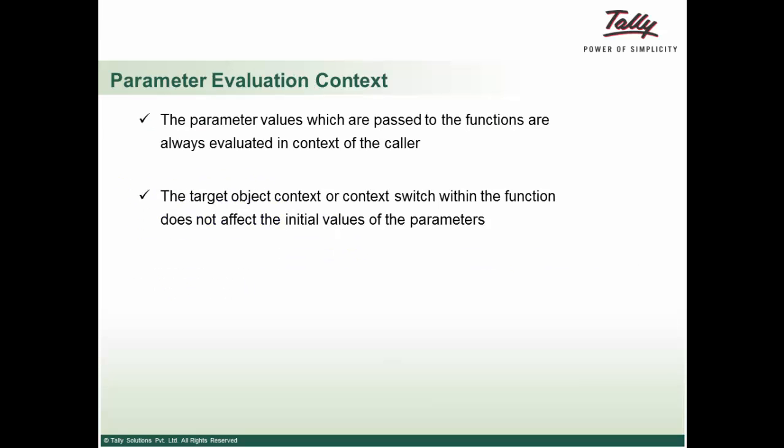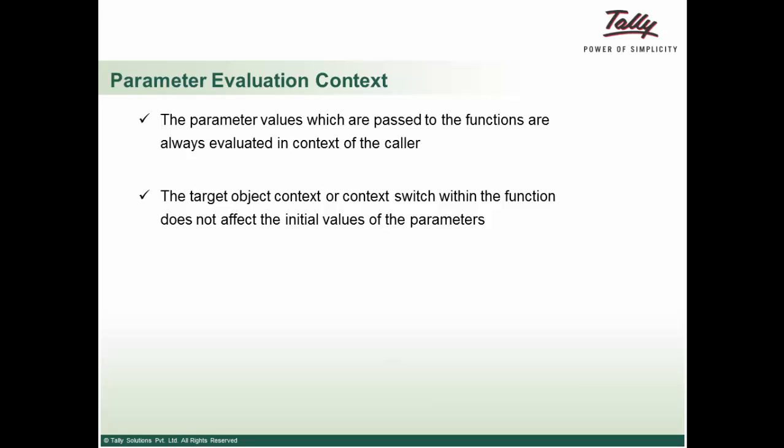Parameter evaluation context. The parameter values which are passed to these functions are always evaluated in the context of the caller. The target object context or the context switch within the function will not affect the initial values of the parameters. As we always keep talking about, variables are free elements.